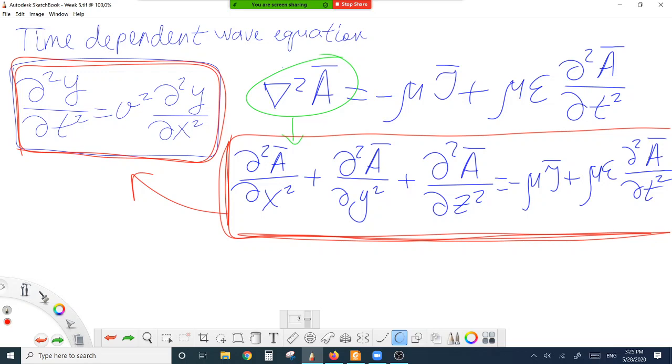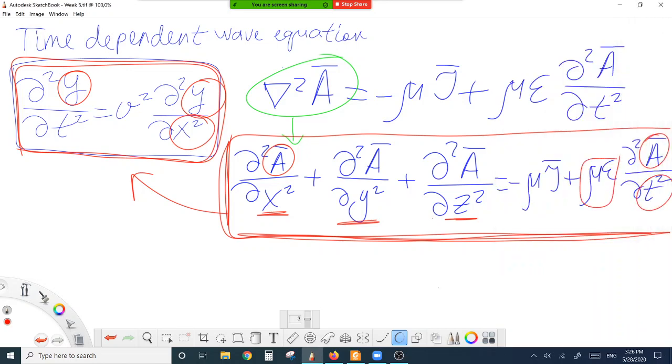Here y varies only in the x direction. In our case, A varies in the x, y, and z directions, and also over time.